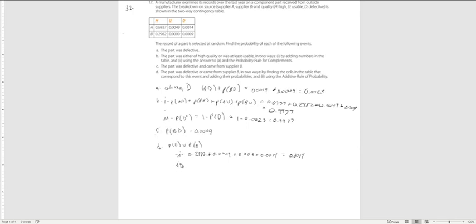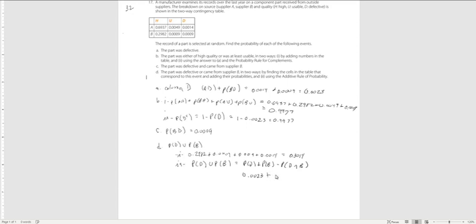Alright, so for the second one, it wants us to do the additive rule of probability. So the probability of D union B equals the probability of D plus the probability of B minus the probability of D intersect B. So the probability of D, that's what we had in A above, so that's 0.0023. And the probability of B, we did not completely do that one, did we? So we have to come up with that one.